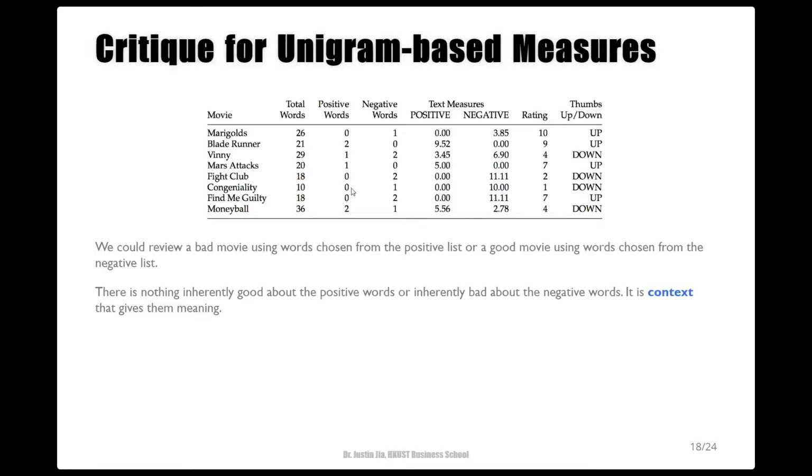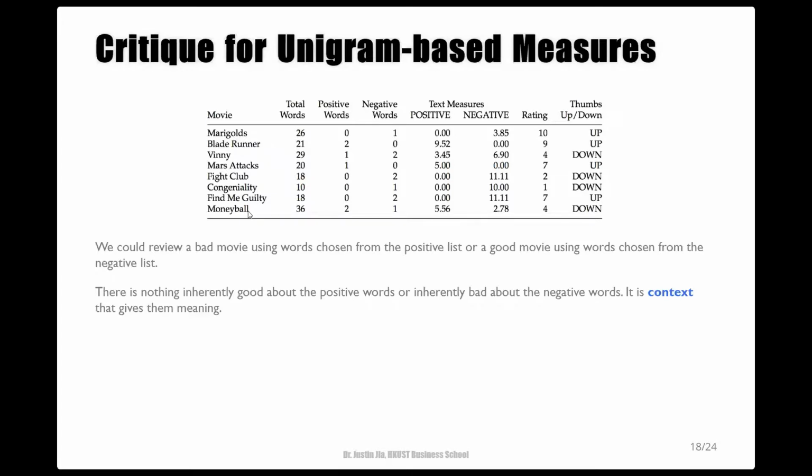This table suggests that they may not be doing so well. These sentiment scores are missing favorable ratings of Marigolds and Find Me Guilty, as well as unfavorable ratings of Morning Ball.